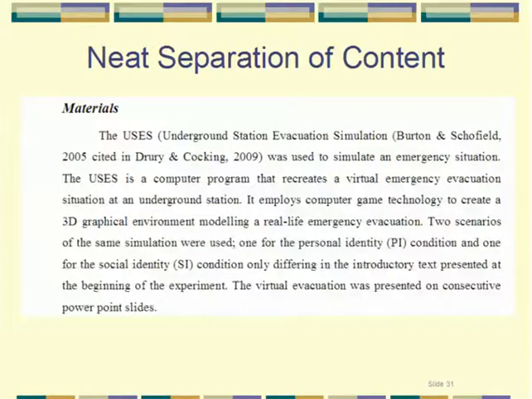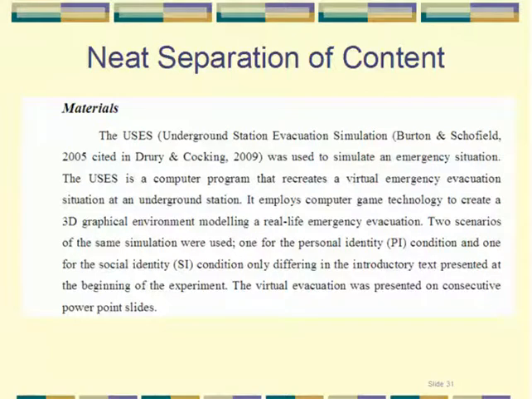Materials. The USIS underground station evacuation simulation was used to simulate an emergency situation. The USIS is a computer program that recreates a virtual emergency evacuation situation at an underground station.